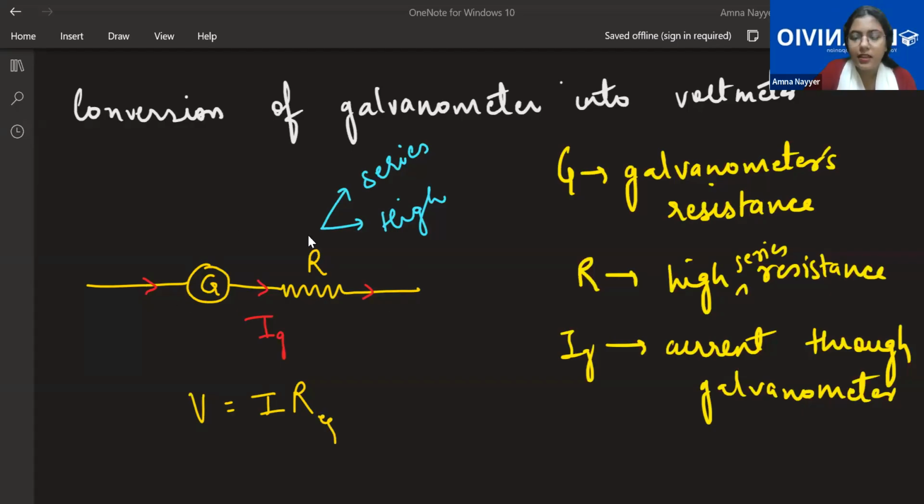Two resistors are there connected in series. So what should be the net resistance, R equivalent? What's the net resistance here to apply Ohm's law?